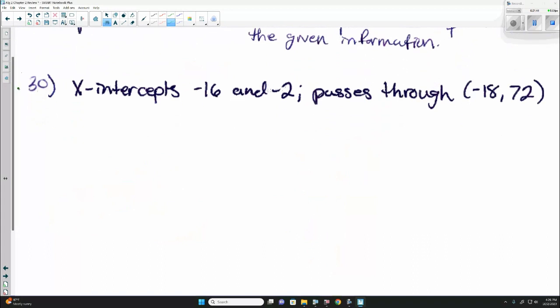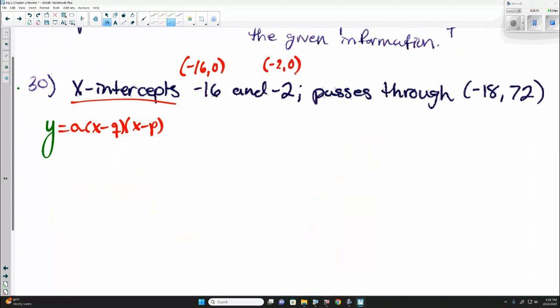30. This one's a little bit different because it didn't give us the vertex, it gave us the x-intercepts. So we'll have to use our x-intercept form: a times x minus p times x minus q. Now x-intercepts come in one of two forms.